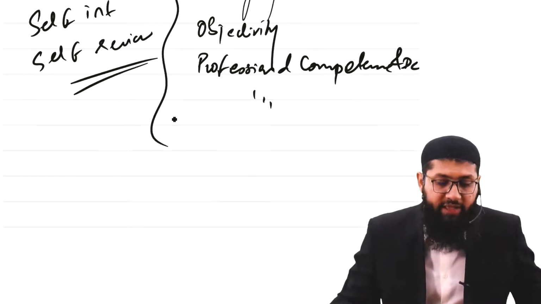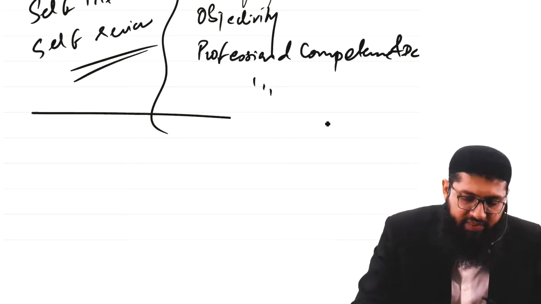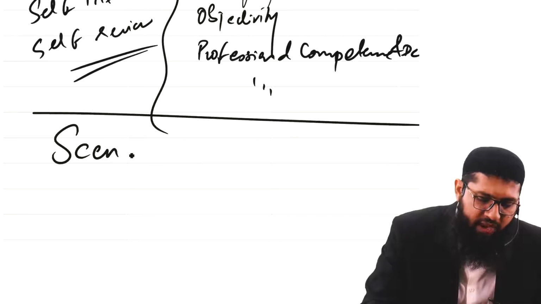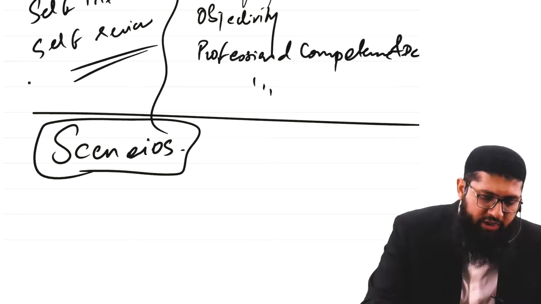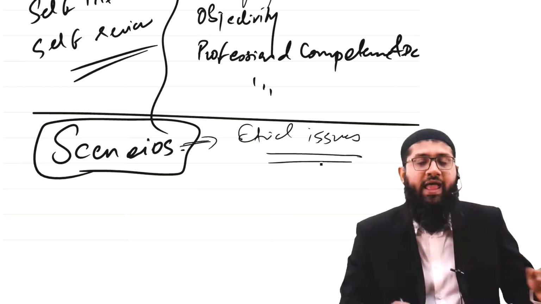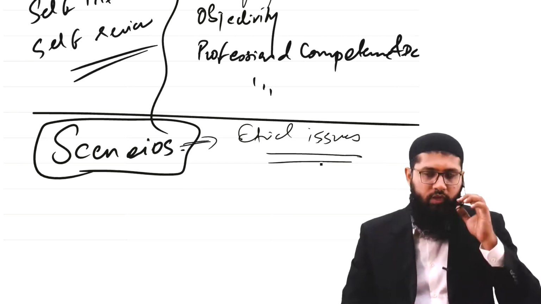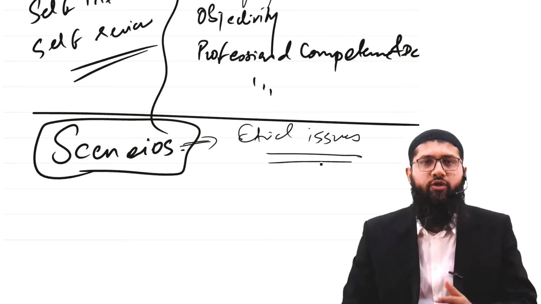But what is expected from you at this level is that the examiner is going to give you scenarios. I repeat, the examiner is going to give you scenarios where there are actually going to be ethical issues that you will be facing as an accountant. So what is it that you need to do?